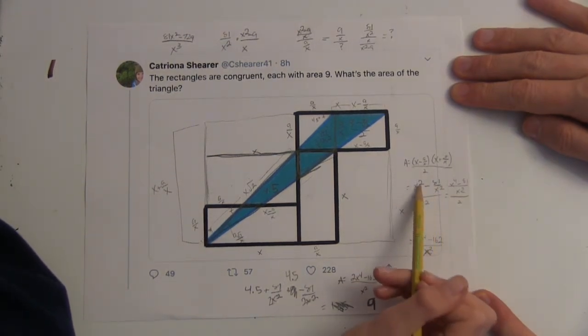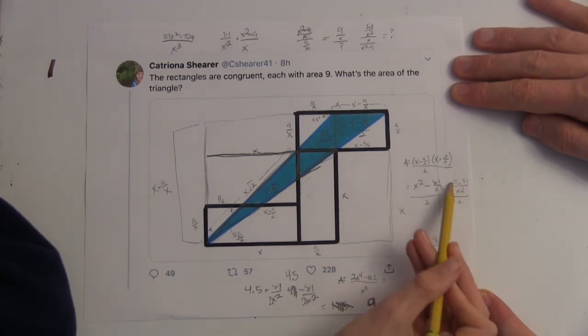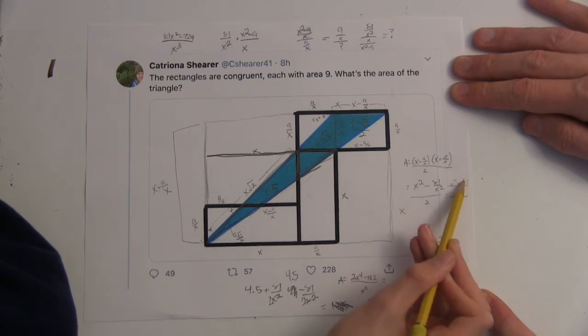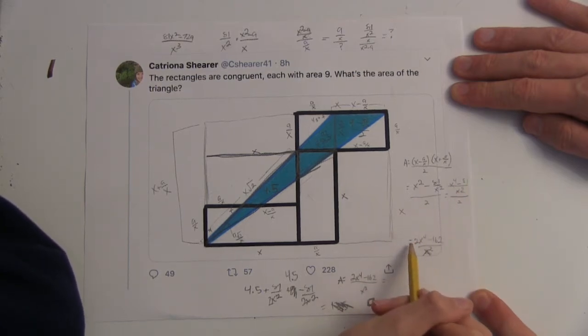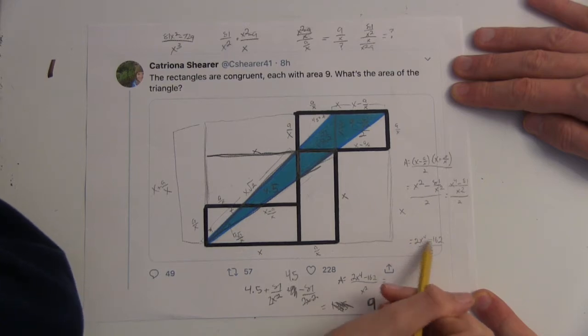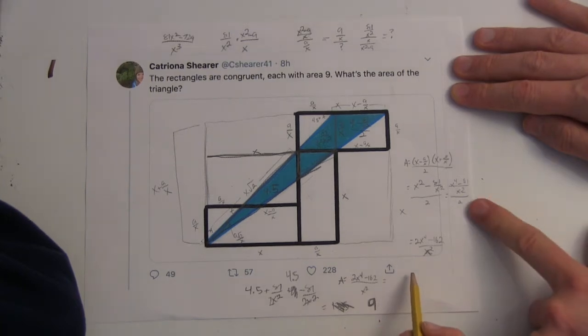And then I multiply by x squared over x squared for this term to make it x to the 4th minus 81 over x squared, over 2. And so it becomes 2x to the 4th minus 162 over x squared. And this doesn't really simplify at all. Be careful on that dividing by 2 there.